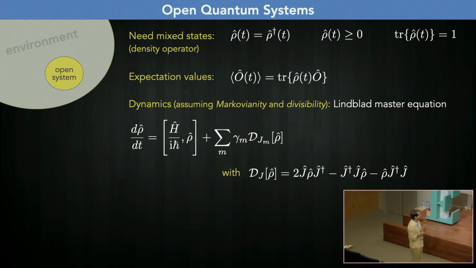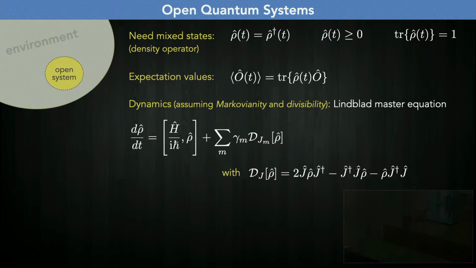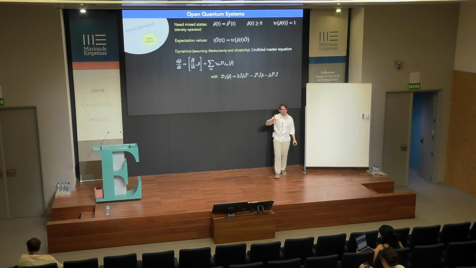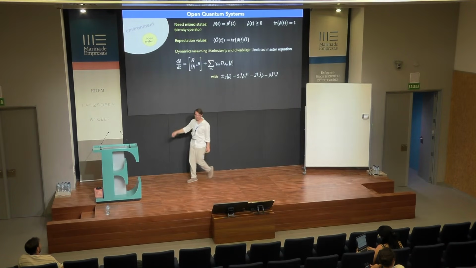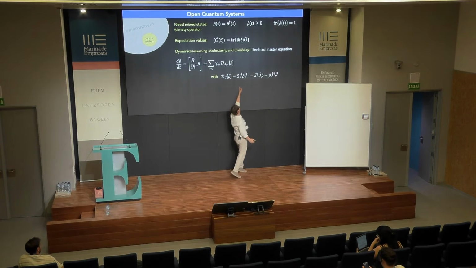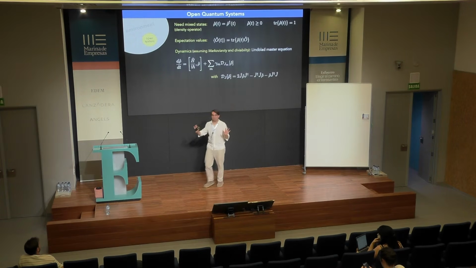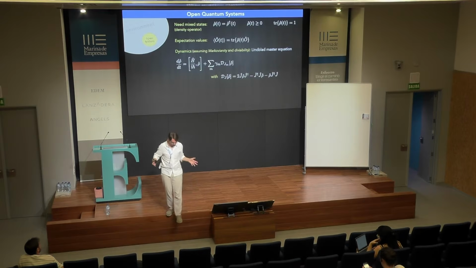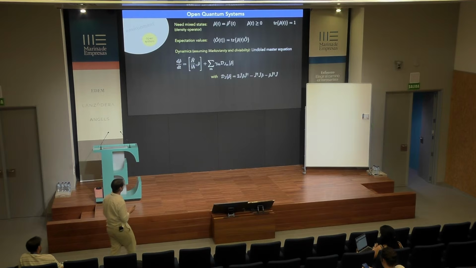These incoherent terms. And the form of these incoherent terms is quite funny because you can see that this part in here is an anti-commutator. It's kind of like the commutator that we have in the Schrödinger equation, but in this case, it's an anti-commutator. But then we have this first part in here, which is something new, let's say, that has nothing to do with the structure that we had in quantum physics of closed systems.